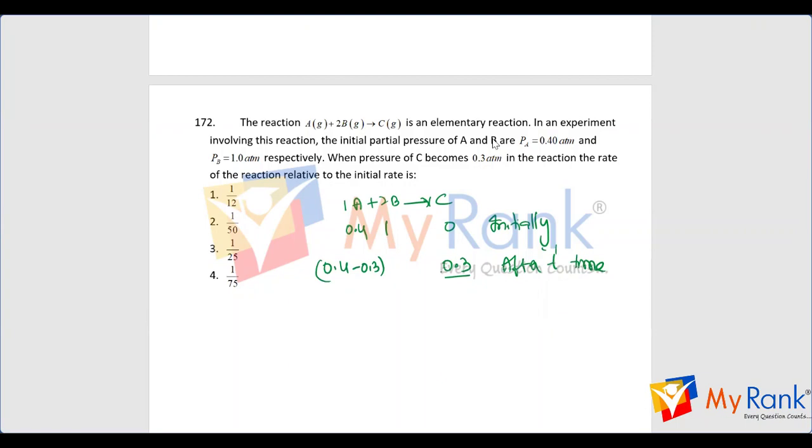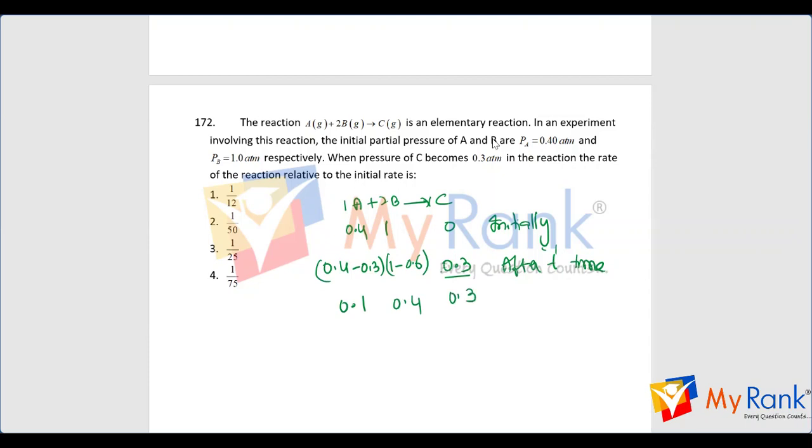Pressure can be taken in the form of moles, no problem. Whereas 1 mole of A reacts with 2 moles of B, so 1 minus 0.6 is 0.4. Therefore after time t, A is 0.1, B is 0.4, and C is 0.3.